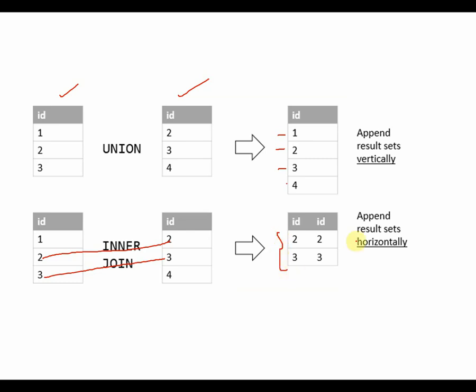So the combination or the appending of result set in joins happens horizontally, whereas for a union you append vertically. So this is a very classic example to tell you the difference between union operator and inner join operation.